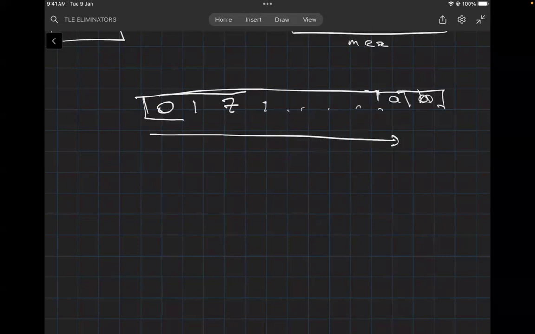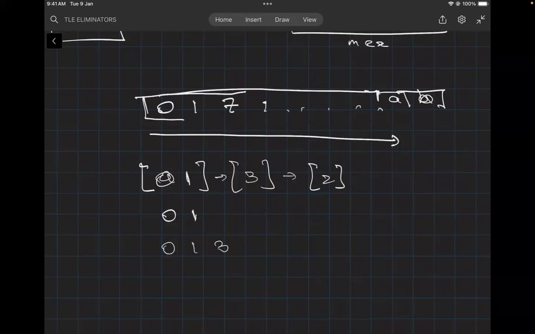Okay, elements don't reduce, and there is a property of max. Let's say the array is 0 and 1. Okay, let's say you added 3 in it, and after that you added 2 in it. So the array was 0, 1, then it became 0, 1, 3, and then it became 0, 1, 2, 3. The max here is 2, the max here is 2, the max here is 4. The property is that the max never decreases.